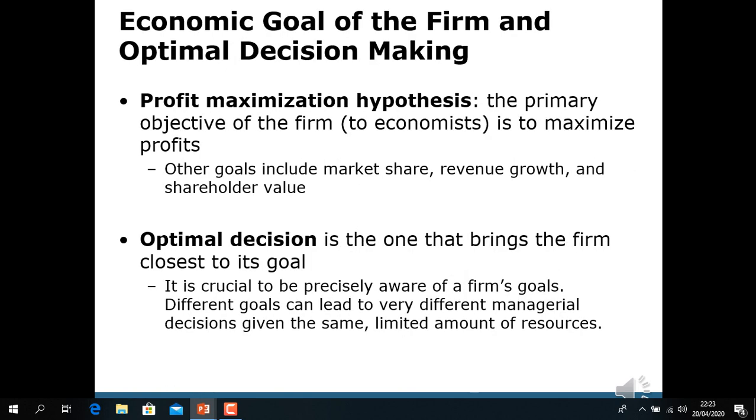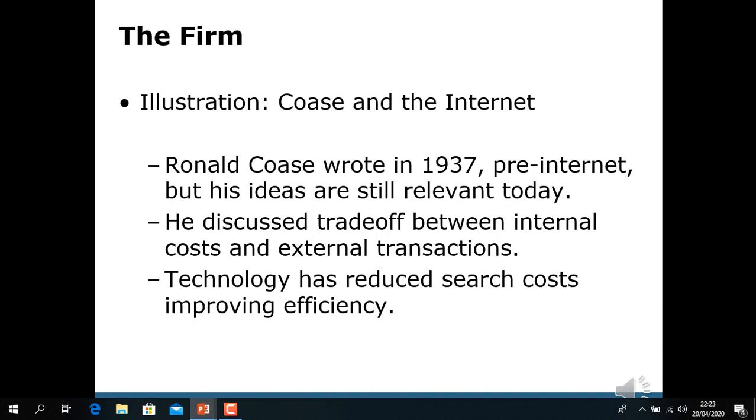As an illustration here, I give the illustration of Coase and the Internet. Ronald Coase wrote in 1937, pre-internet, but his ideas are still relevant today. This is a case example of transaction cost.